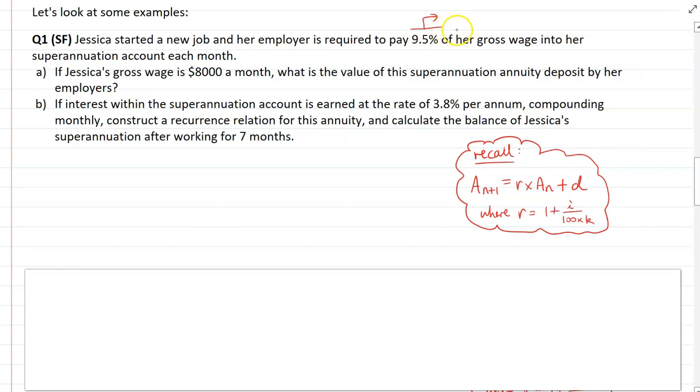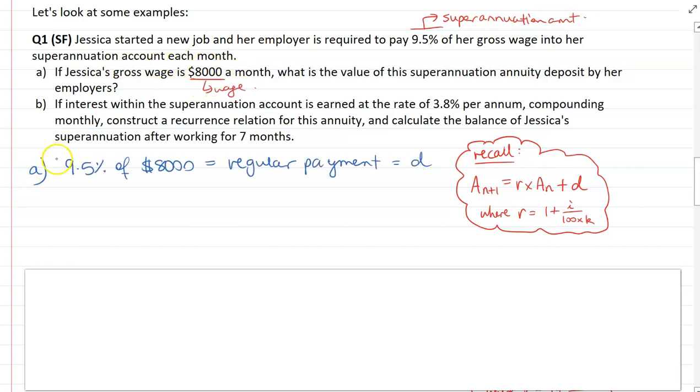So the employers are required to pay 9.5% of the gross wage. So this is going to be used to find out the superannuation amount, given that her wage is $8,000 a month. Alright, so when I write that down, we're simply just whacking that into our calculator because we know that that's 0.095.